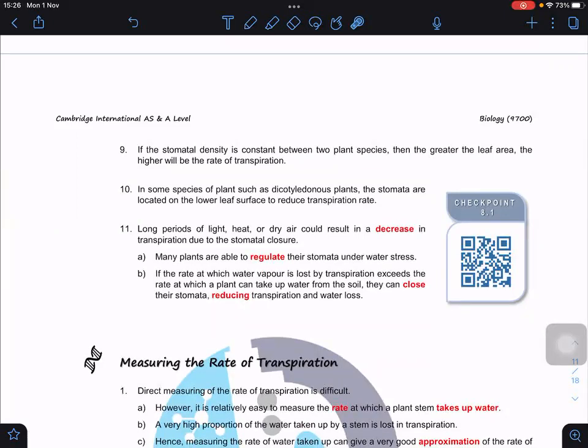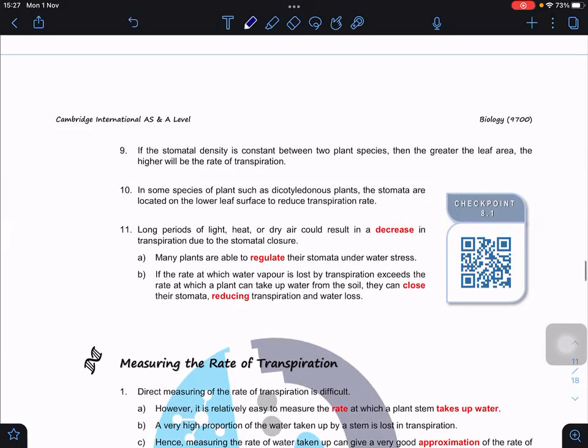Long periods of light, heat, or dry air could result in a decrease in transpiration due to stomatal closure. Many plants are able to regulate their stomata under water stress. I didn't give you guys the detail about this. When plants experience water stress, they release a hormone called ABA hormone.